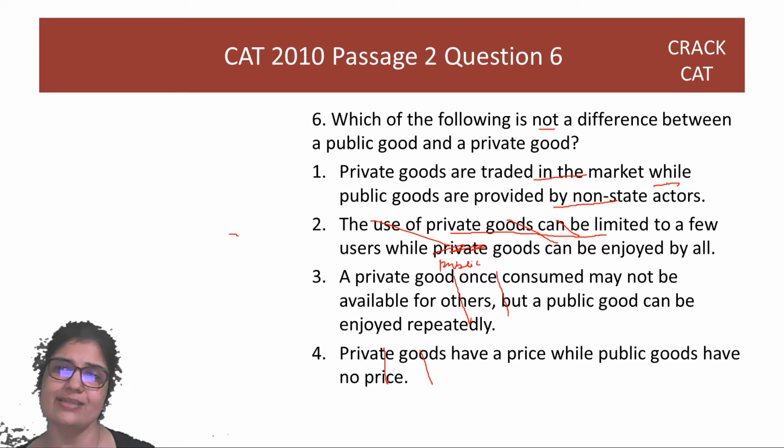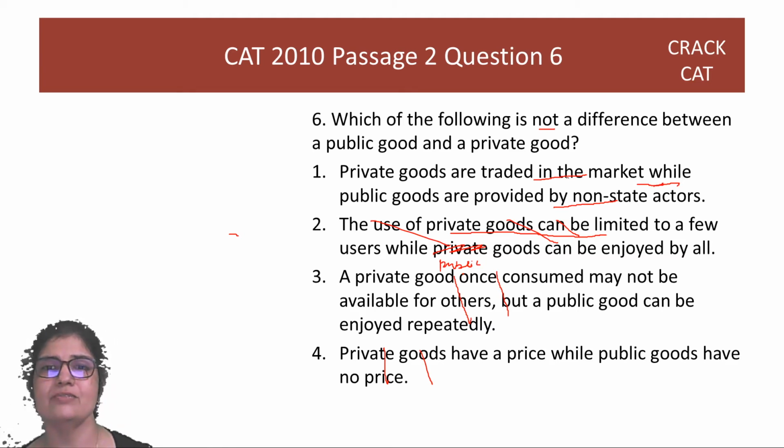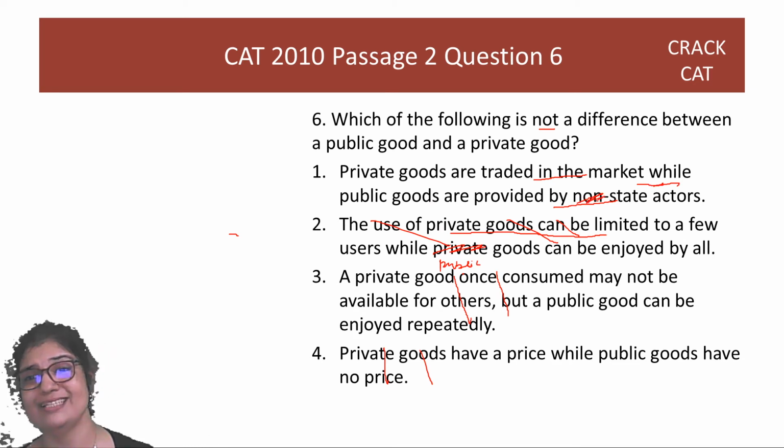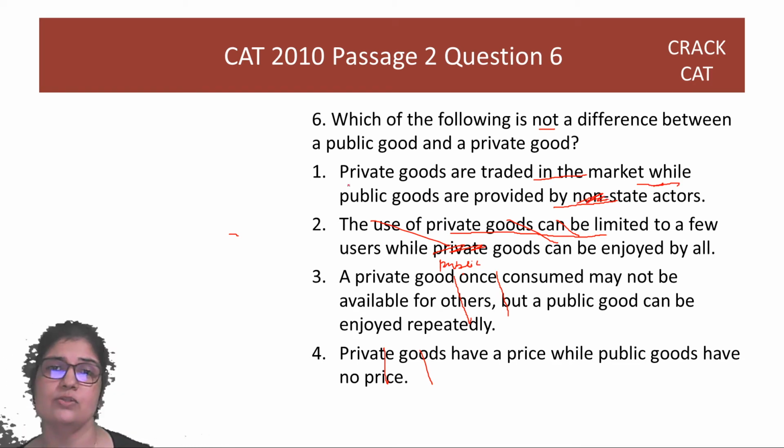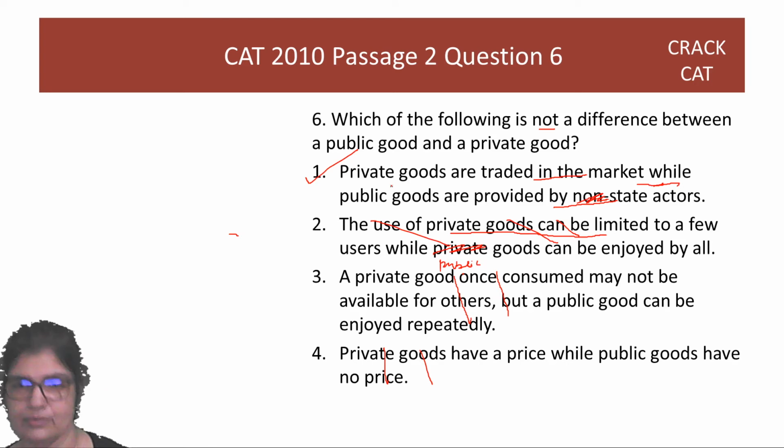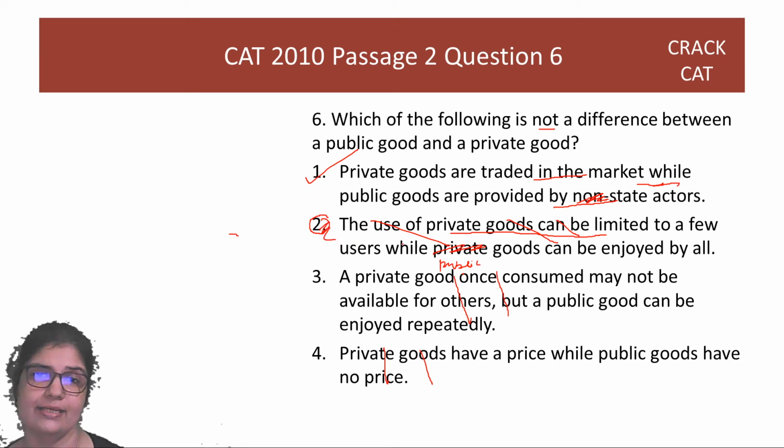Sometimes the goods are just there, right? Like good air. Even if they are provided, they will be provided by the state, not by non-state. So the answer is option 1. 1 is wrong in 2-3 ways, right? So that is your answer. Sorry for the public error. Otherwise, of course, if the public was not an error, then you would mark 2. But yeah, this is an error.